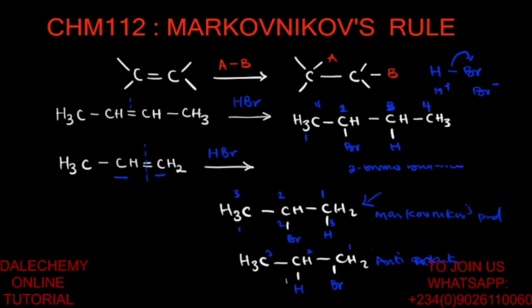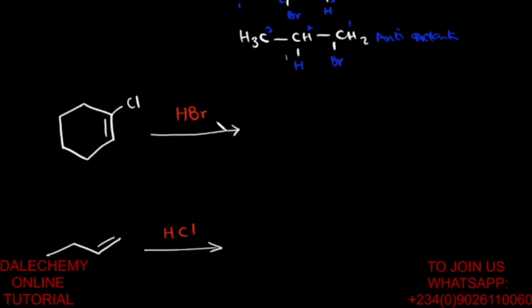Now let's look at some examples. Let's say we have this compound and you want to hydrobrominate it. The two carbons participating in the double bond are these, highlighted in red. If you look at them, this one has just one hydrogen and this one has just two hydrogens. Okay, so this carbon should have just one hydrogen.